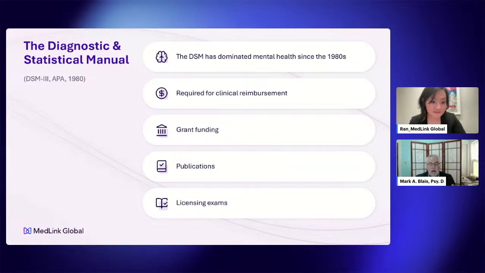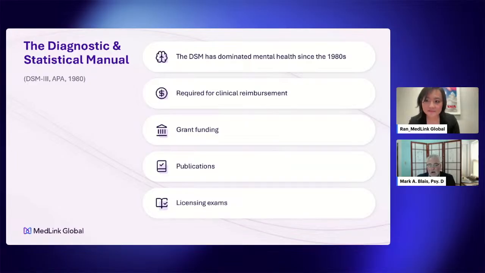What got us here? Well, I actually started training in the mid-'80s. So ever since I was in training, the Psychiatric Diagnostic and Statistics Manual, better known as the DSM, has dominated the field. It's required by clinicians to be reimbursed from insurances. It has been required in grants to get funding for research.